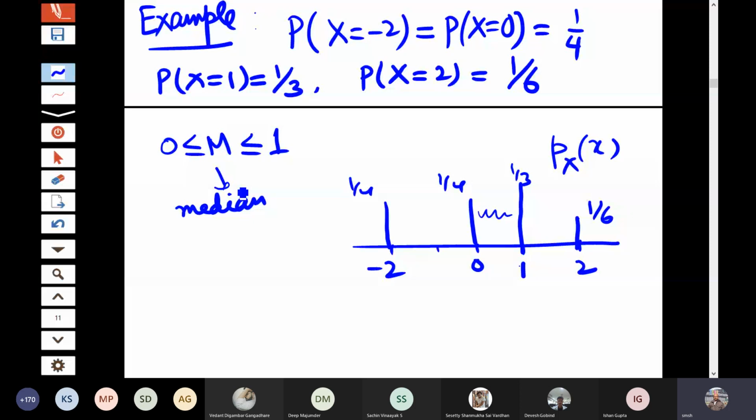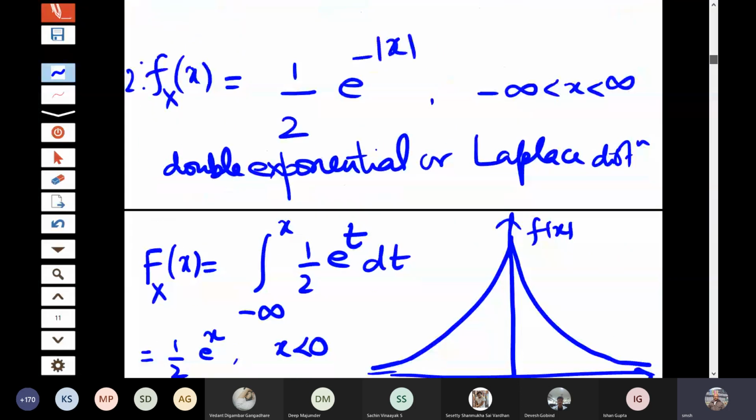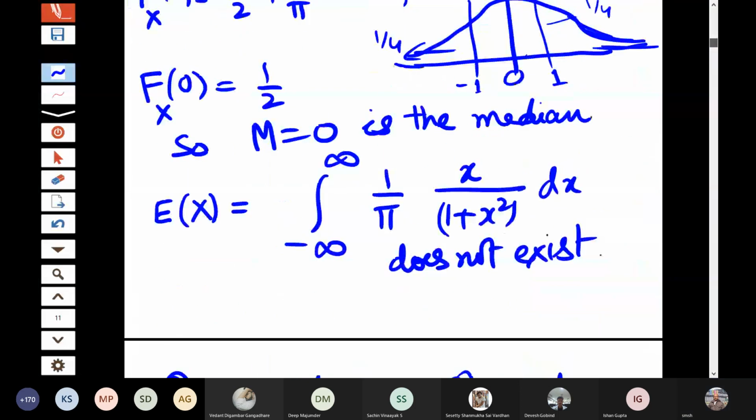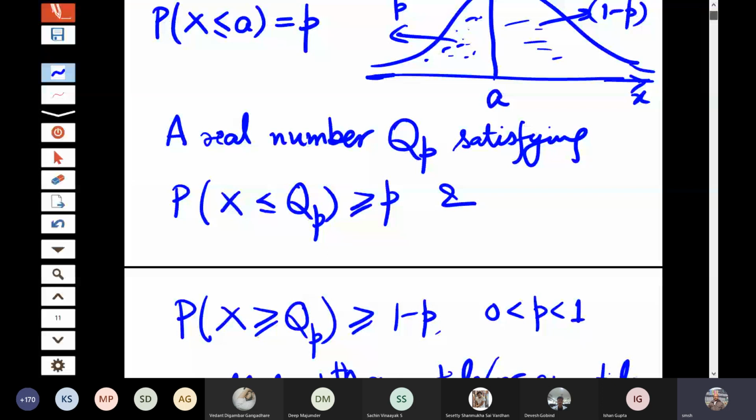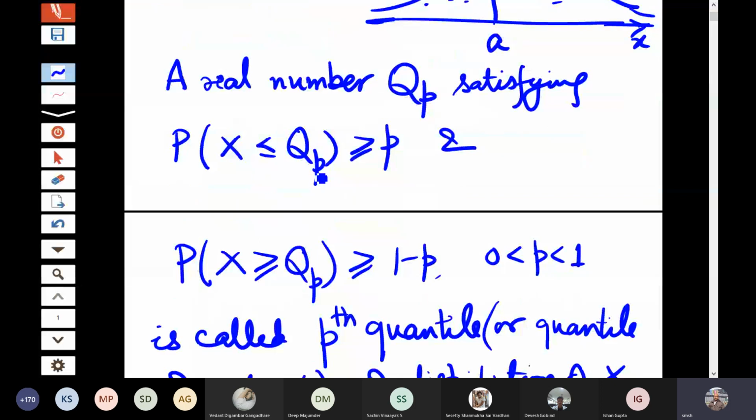Isn't it? Because if I take any point between 0 and 1, then the definition of the quantile that I have given here is satisfied. That is, the probability x less than or equal to m is greater than or equal to half, and probability x greater than or equal to m is greater than or equal to half. That condition will be satisfied for any number between 0 and 1.